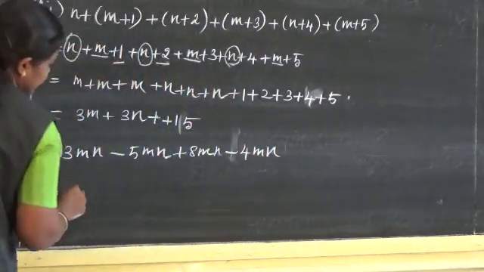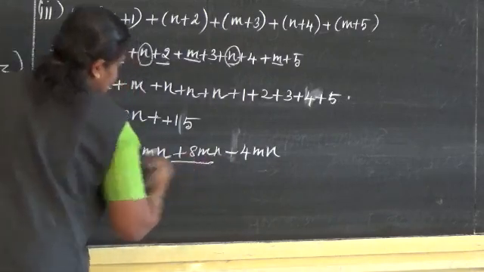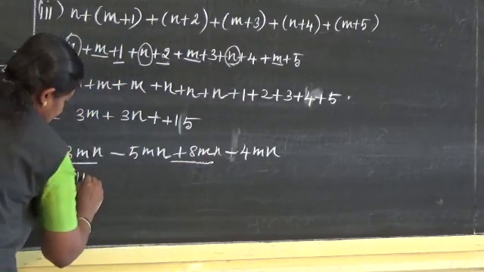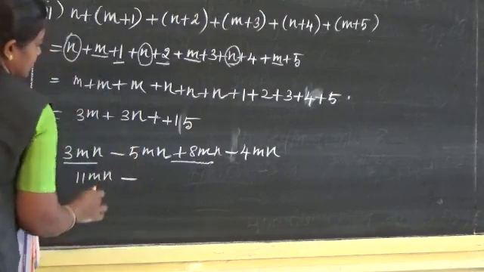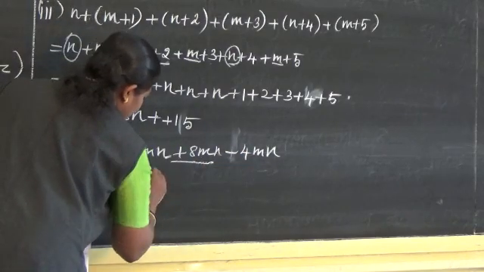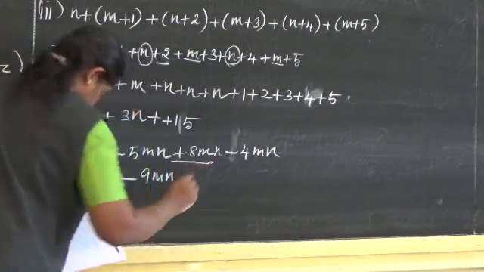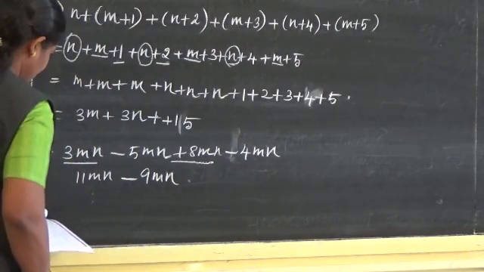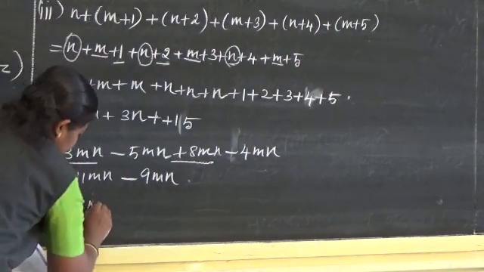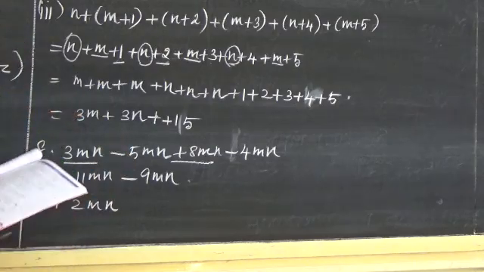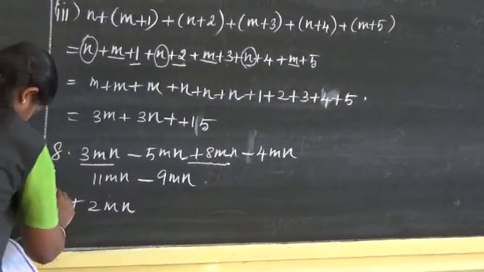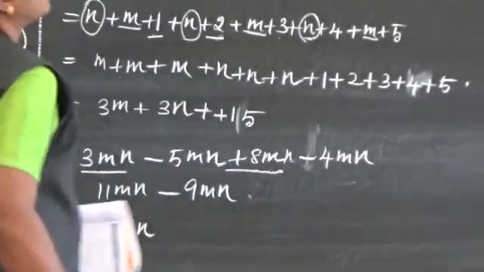Already I instructed you, you should add the like signs. 3mn plus 8mn, 11mn, minus 5mn minus 4mn, minus 9mn. If you are subtracting 11mn minus 9mn, the answer is 2mn, that is positive sign. So your option is the third option given in your book.